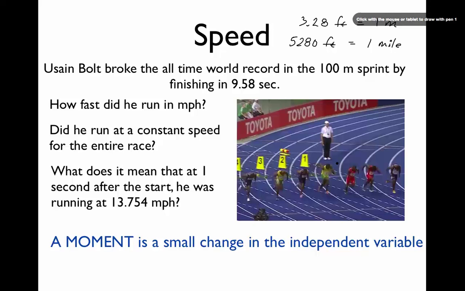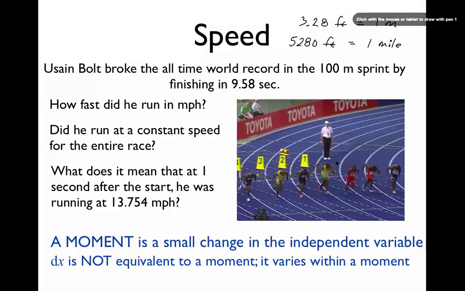And we need that to make sense of rate of change or speed. Otherwise, at 1 second, we just freeze time and nothing moves. Everything has a zero rate, right? Everything has a zero speed or zero rate if we truly freeze time. But if we look at a moment in time, now we can start talking about speed.